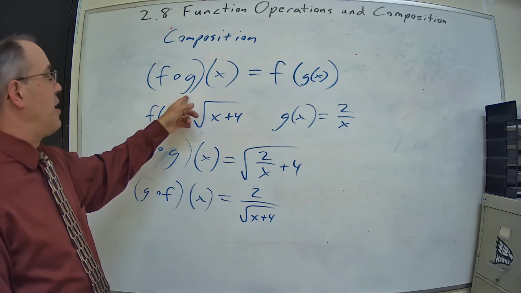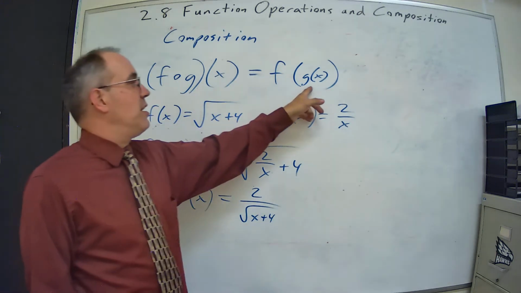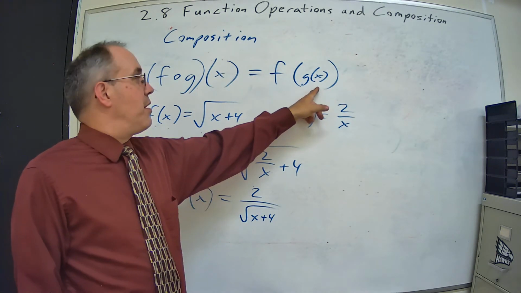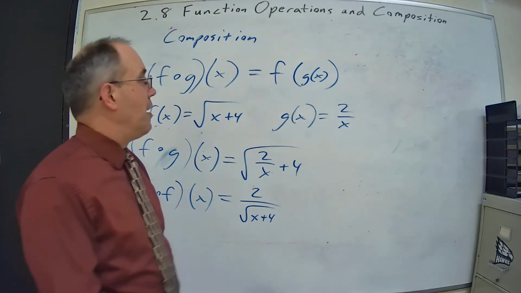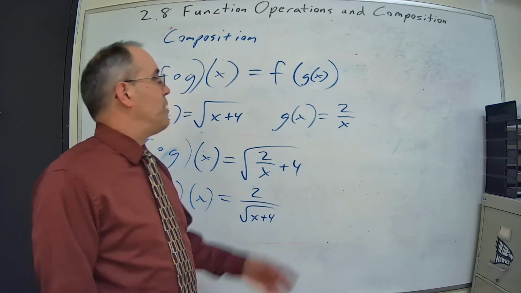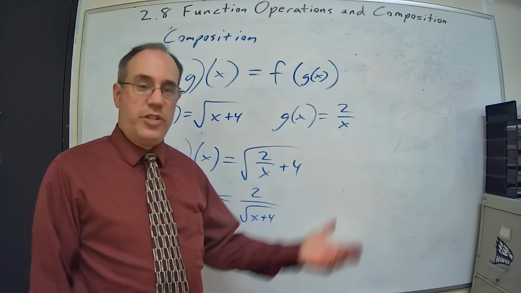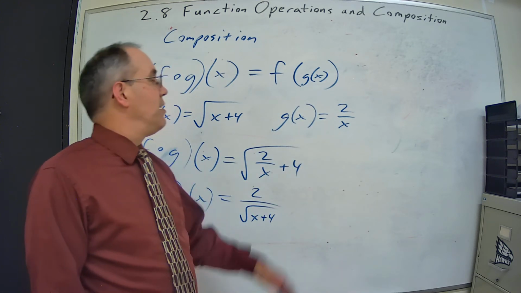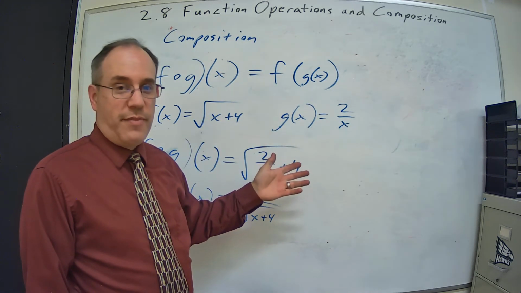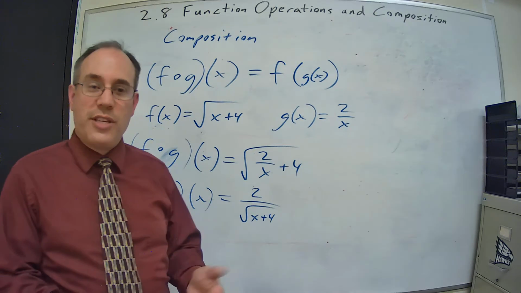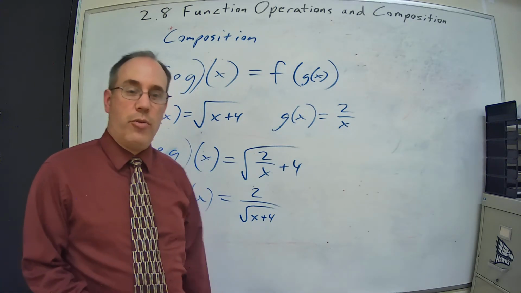In this case, we're talking f of g of x. So we're looking at the domain of g of x, and we have to make sure that the output of g of x fits the domain of f of x. So it's one of those things where you kind of have to play with it a little bit.